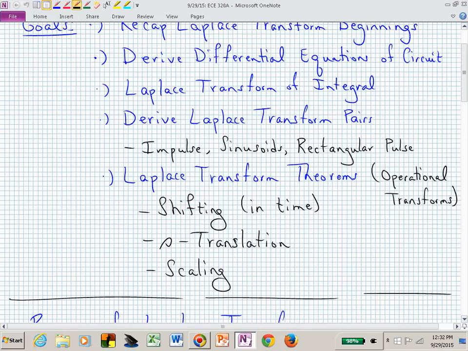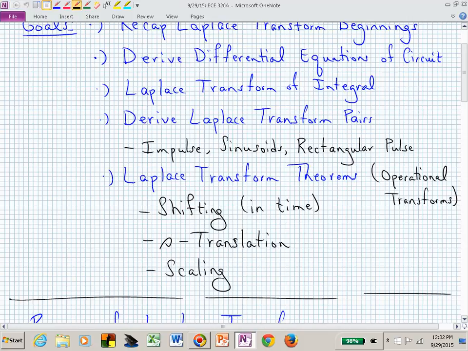We will then derive some Laplace transform pairs. A time domain impulse, what does that have for its Laplace transform? If we now had sinusoids, sine or cosine, what does that look like in the frequency domain? What does a rectangular pulse look like when we transform that?